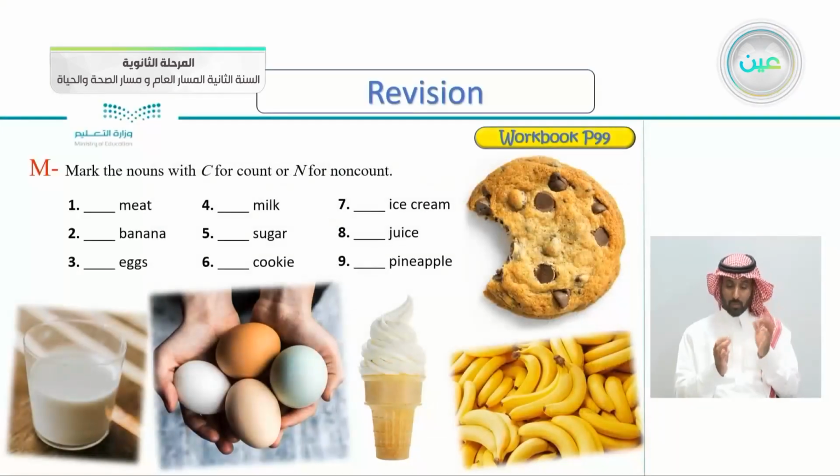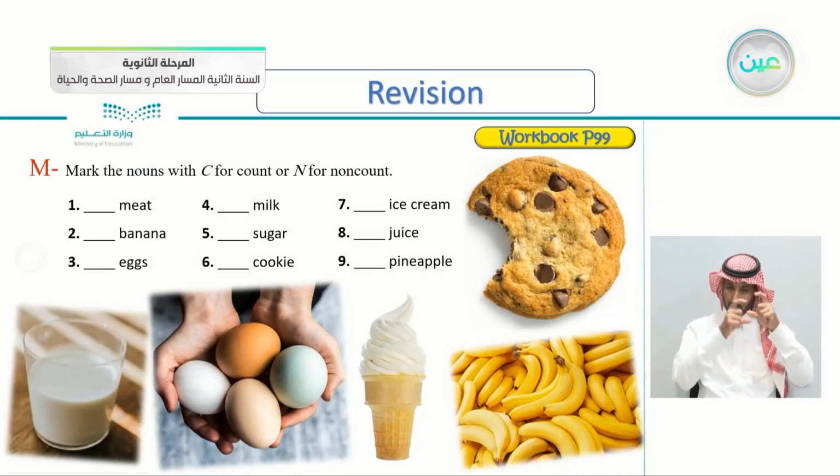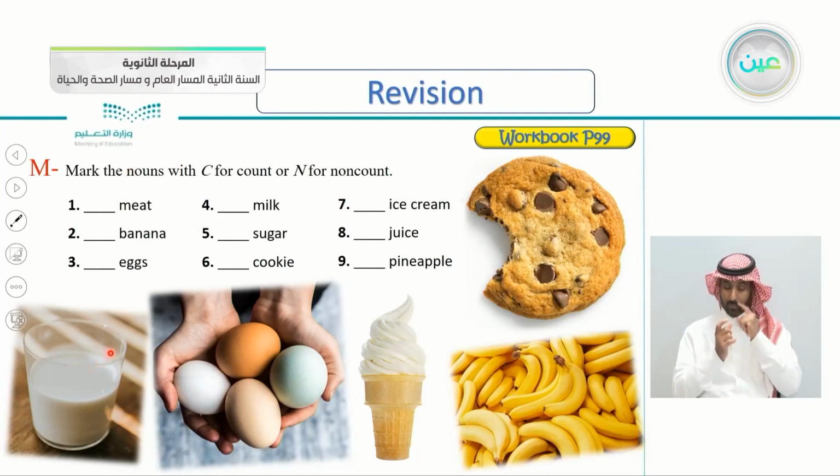But before we do that, let's open our workbooks on page 99. So, of course, you can see these pictures here. What do you see here? Yes, this is a picture of a glass of milk. This is a picture of eggs, ice cream, bananas, and a cookie.